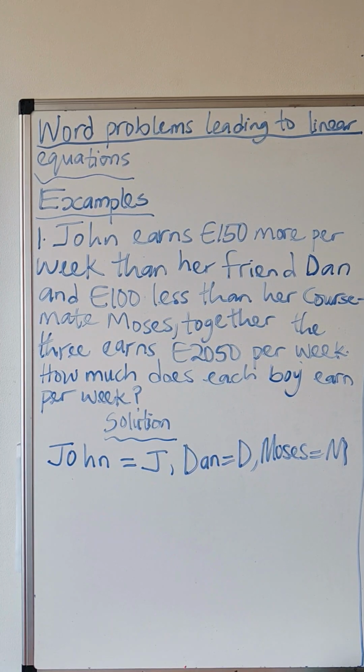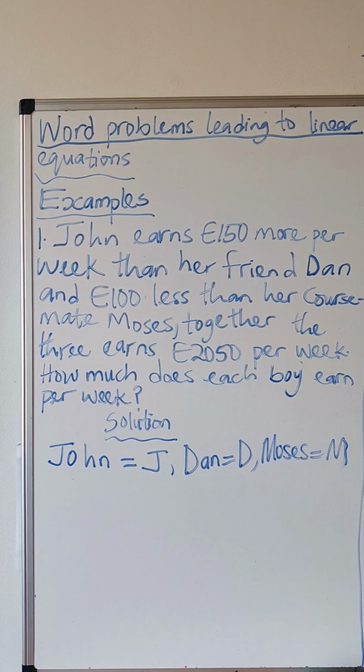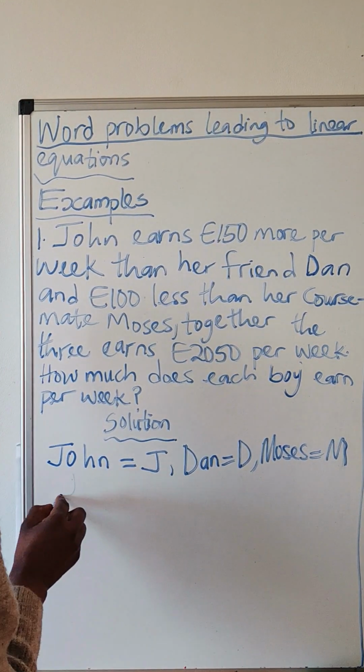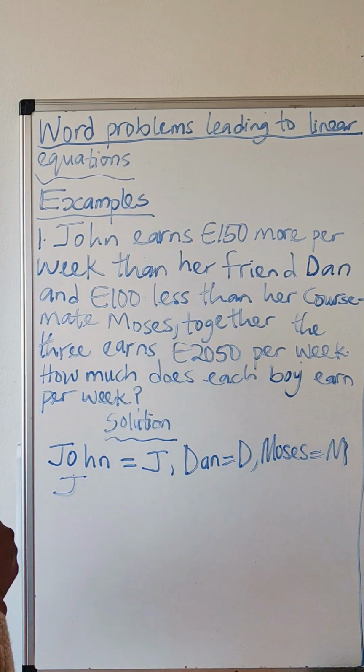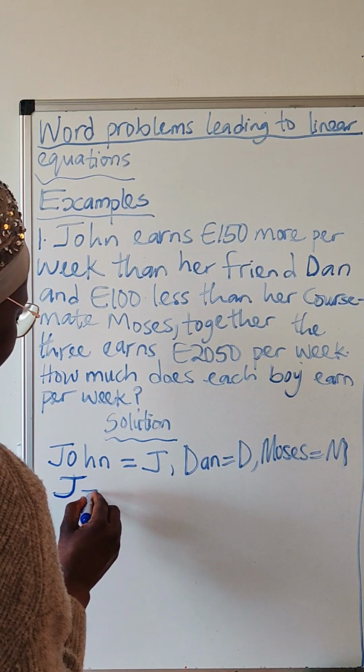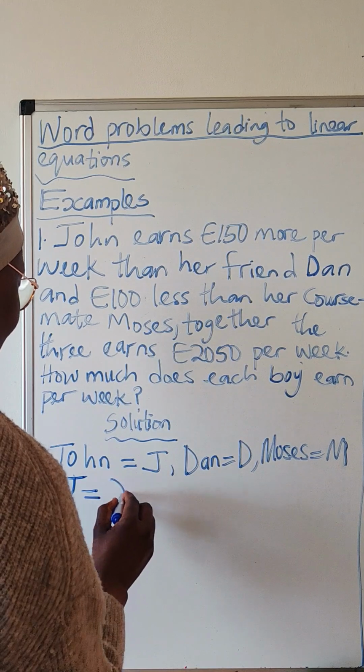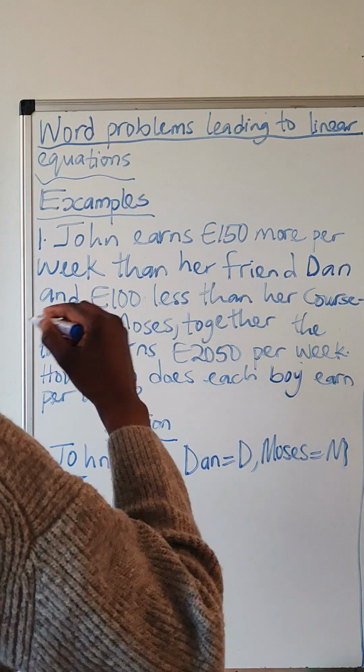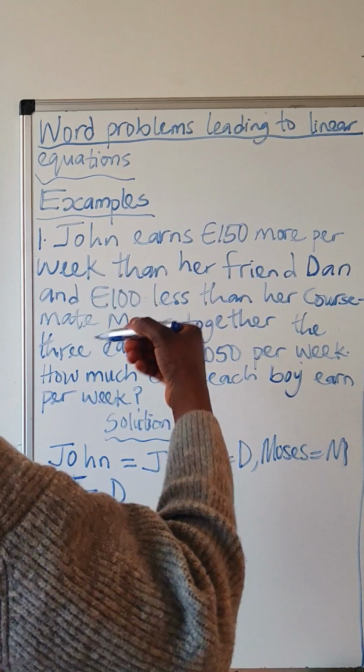John earns £150 more per week than our friend Dan. So for John's earning we write capital J, denoting the earning of John, which is equal to Dan's earning plus 150.